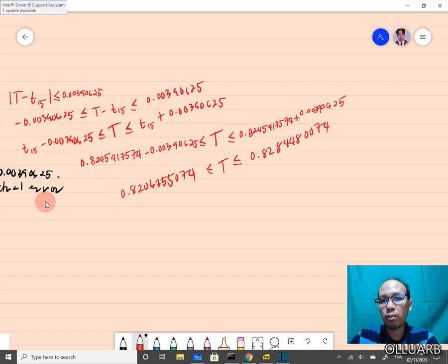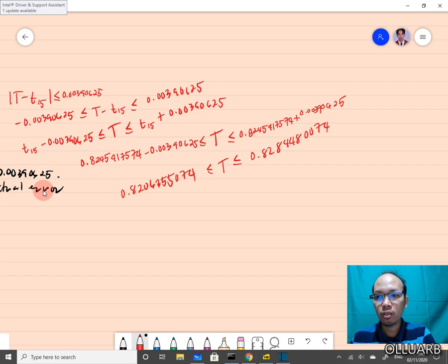I hope that this is now clear, and as you can see, as I've discussed before, the actual error will be less than the estimated error. That will always be the case. Remember that the estimated error is only an upper bound for the actual error.